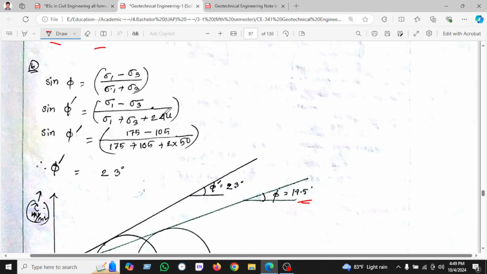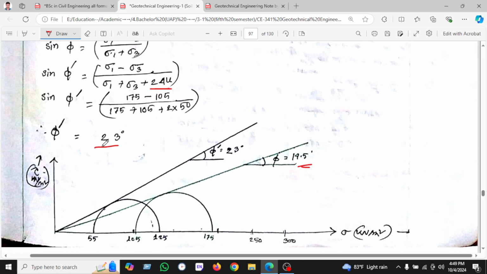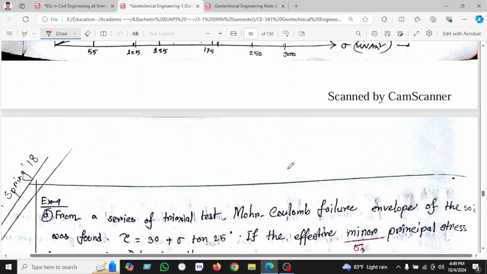So we will use the pore water pressure, then found 23. This 23 is the phi angle prime. So if we go to the picture, then we will see that phi is greater than phi prime.